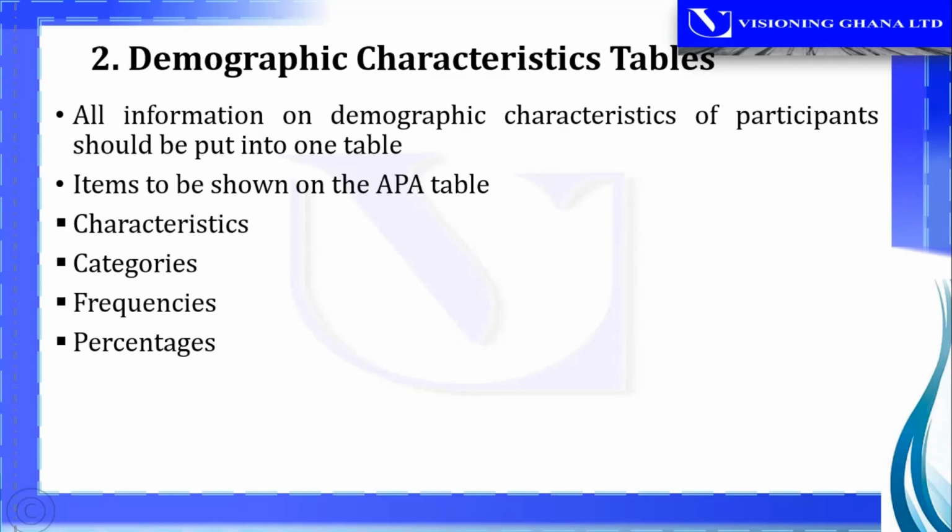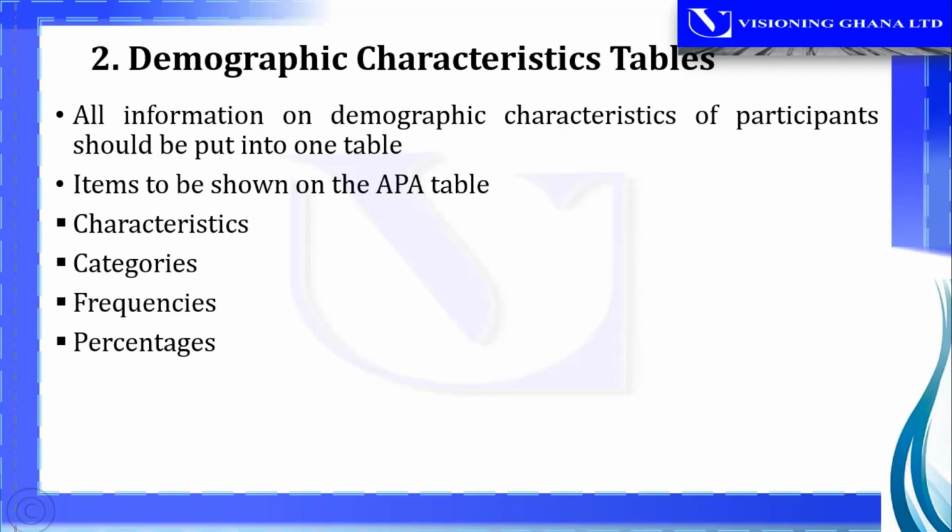So these are the items that are needed on the APA table. So on the APA table for demographic characteristics, these are the things that are supposed to be there. So we have to bring the characteristics, the categories, the frequencies, and the percentages. So these are the 4 things that are needed on your demographic characteristics.